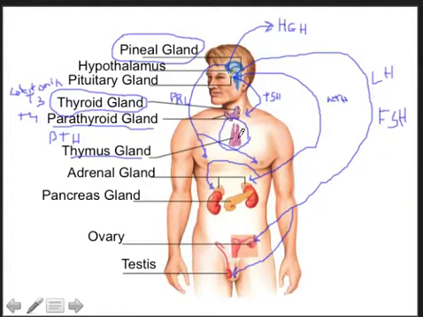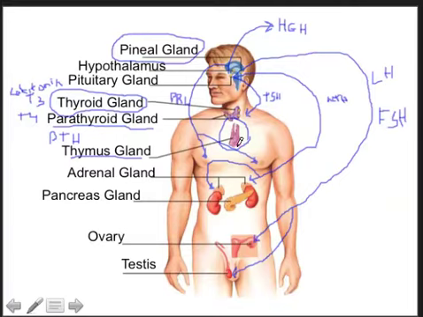Once that happens, the T cells in the thymus will then move out to the other lymphatic organs, which include things like the spleen, the liver, the lymph nodes, the tonsils, and so on. And then the thymus will slowly begin to involute and eventually become non-functional.